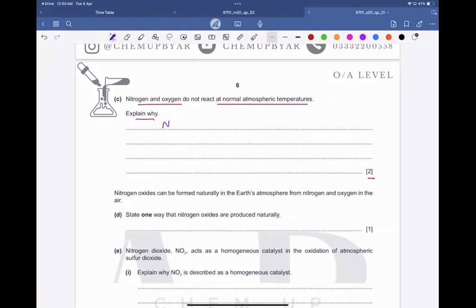a triple, yes, Fatma, very good. But your one answer is correct. Oxygen has a double bond, but oxygen usually reacts at normal temperature, isn't it? It undergoes corrosion as well. So what if it's non-polar? Has a triple covalent bond.